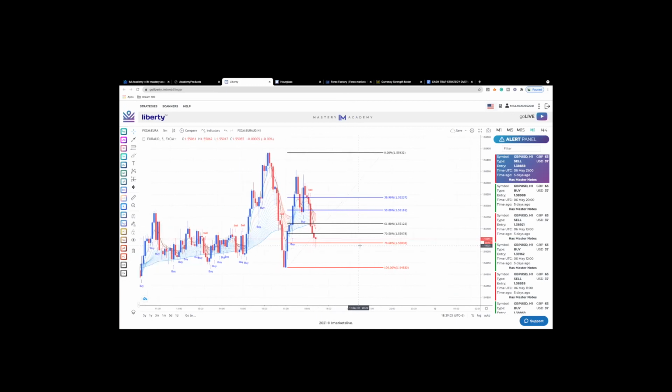So let's look back on my screen, you guys, for the retracement. If you guys look at it, you guys see what I see? Yeah. It bounced off 78.